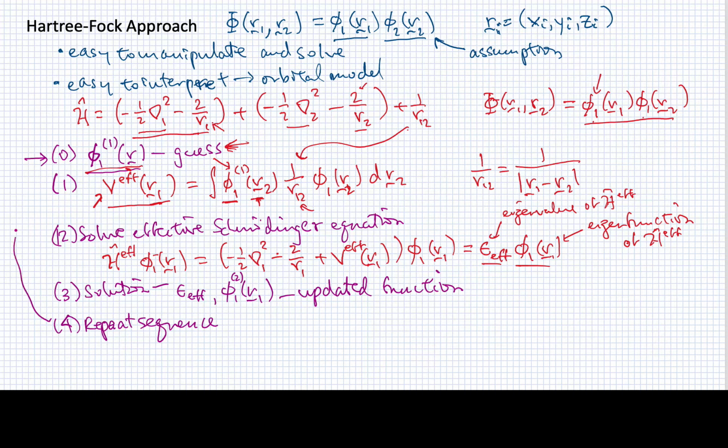So we're going to come right back up here. We're going to calculate a new effective potential. We're going to use that effective potential to solve a new effective Hamiltonian. We're going to get a new set of E effective and phi for that electron, and eventually if we go through this enough, we'll get a result that doesn't change anymore. And this is a technique known as a self-consistent field solution.